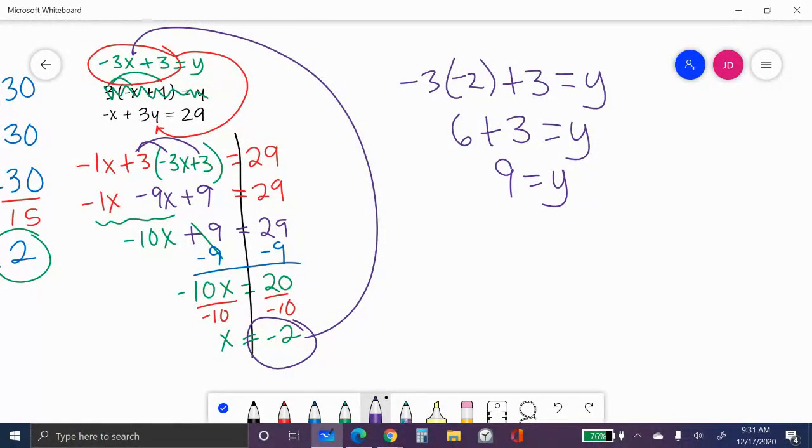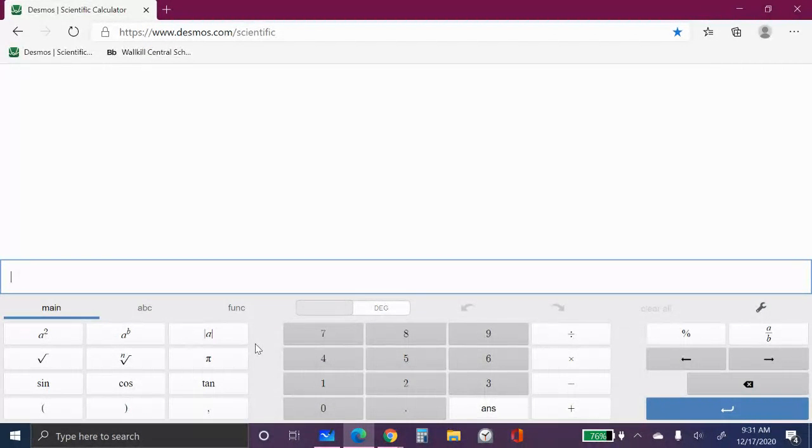All right. And then again, you could also put it in the calculator, right? That's what I wanted to show you. Negative 3 times negative 2 plus 3. So negative 3 times negative 2 in parentheses plus 3 is 9. Okay.